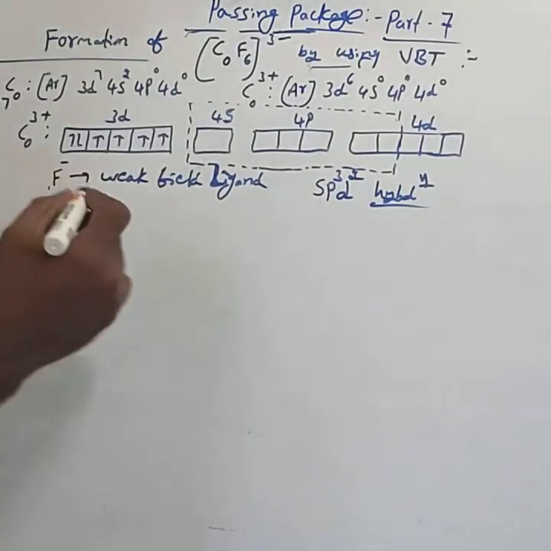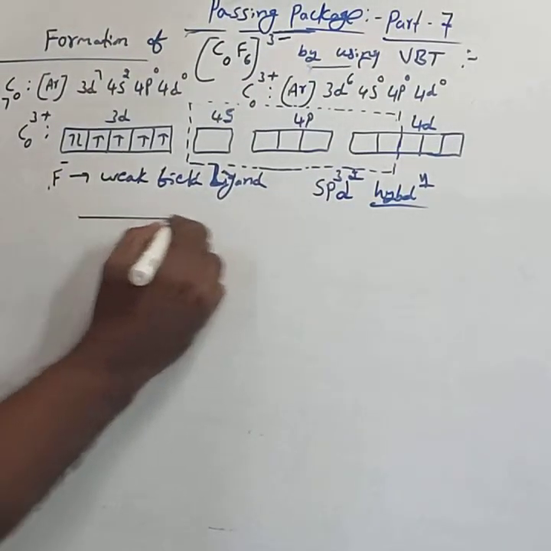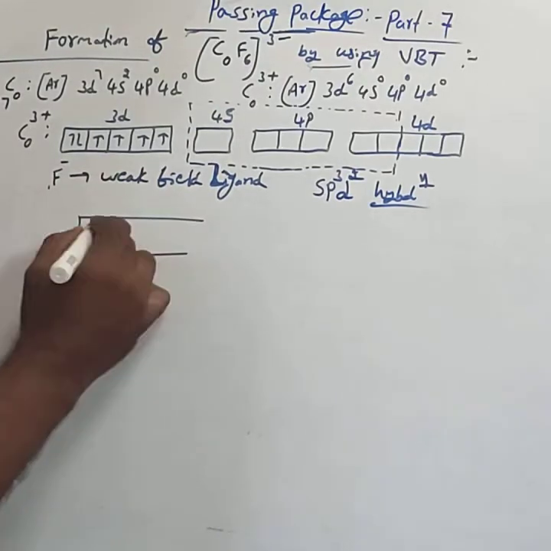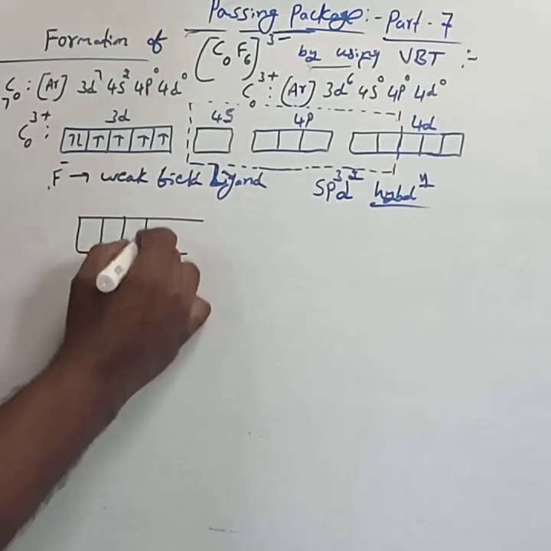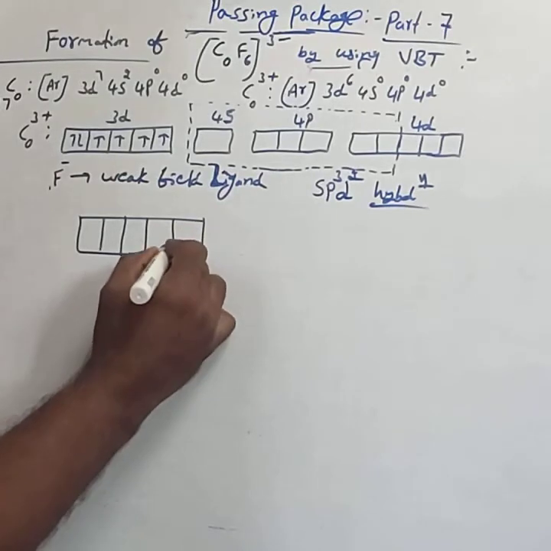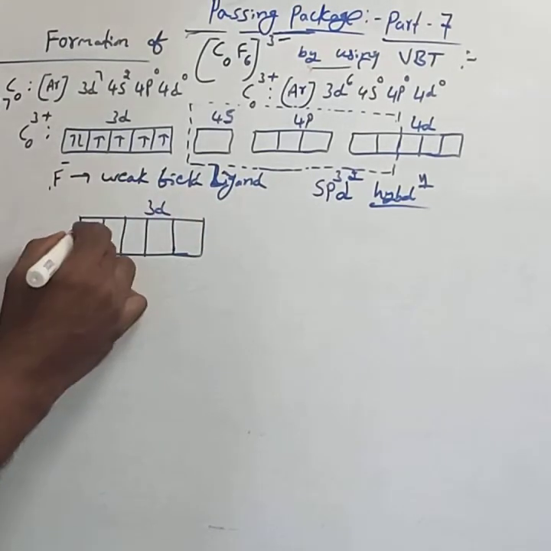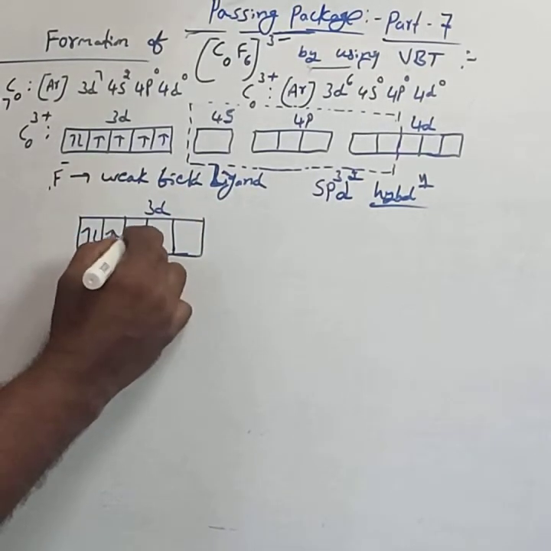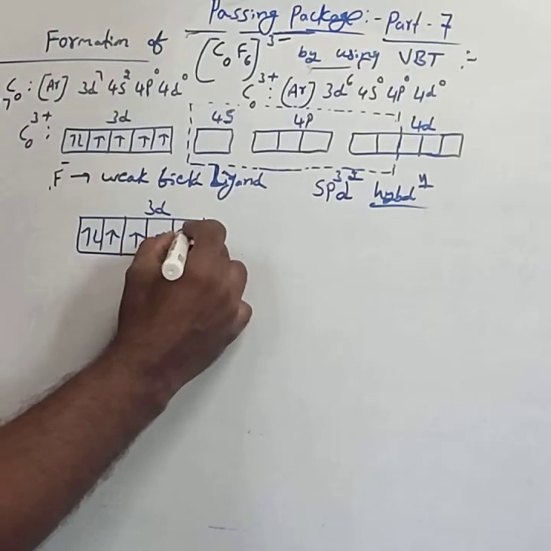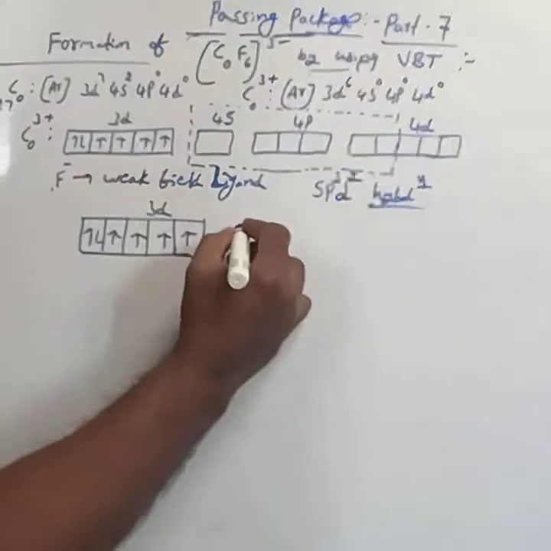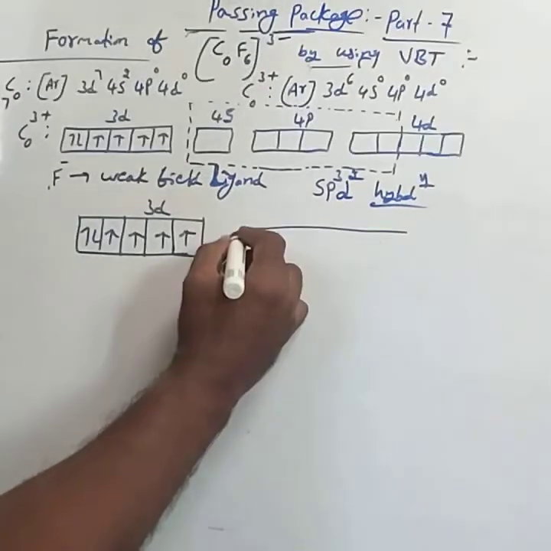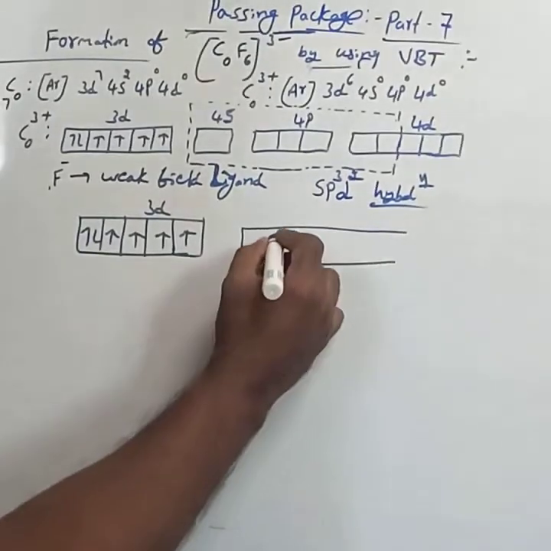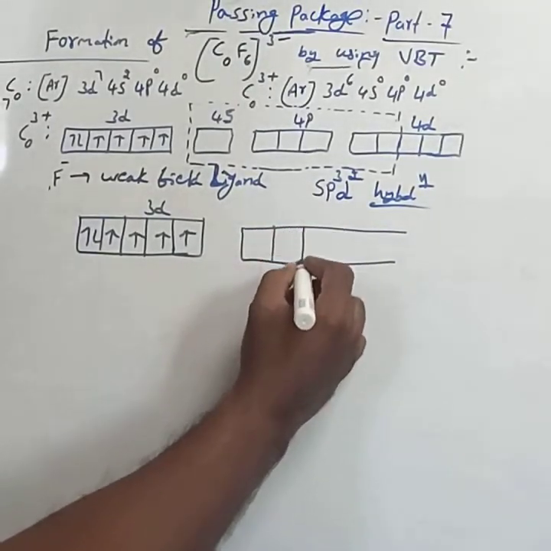Then consider the hybrid orbitals. This is the 3d subshell, which remains the same. This is 3d, 6 electrons. Hybrid orbitals all have the same energy. We write 6 hybrid orbitals at the same energy level.